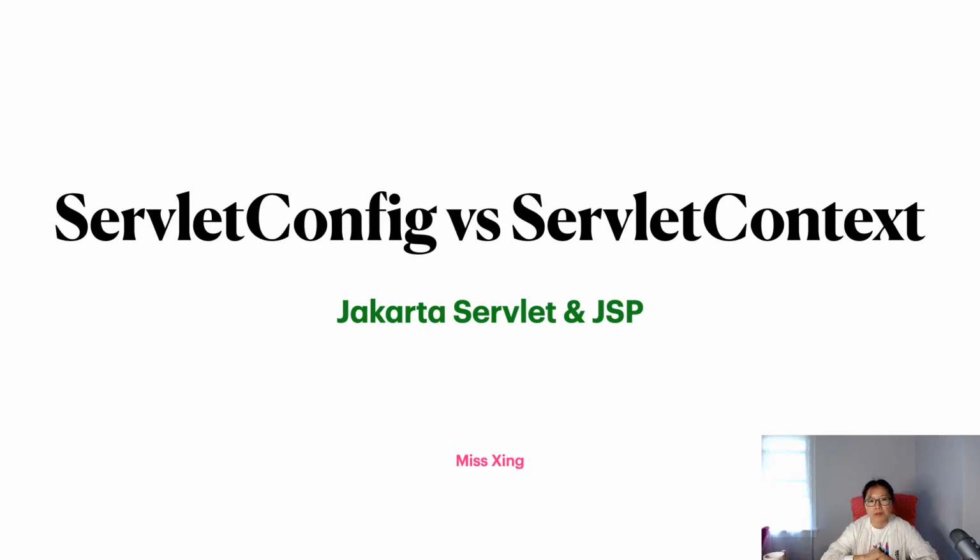But for a servlet init param, we can use the web.xml, and we can also use annotation, because annotation cannot achieve application-wide configuration. When we use annotation, we have to annotate on a specific servlet or filter or listener, right?